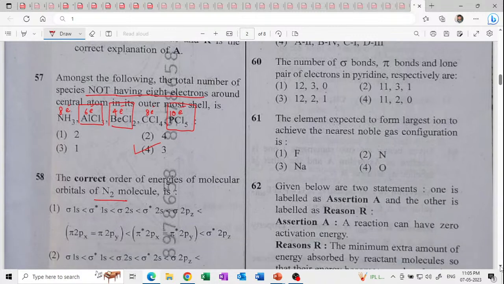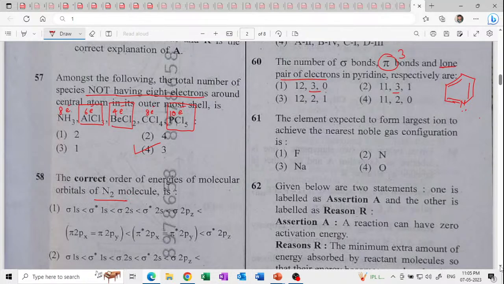The number of sigma bonds, pi bonds and lone pairs of electrons in pyridine. So what is the structure of pyridine? Pyridine has a benzene-like ring structure, actually a ring with 5 carbons and a nitrogen, and it contains one lone pair. How many pi bonds? The pi bonds are 3. So this is 3, and it contains one lone pair of electrons.